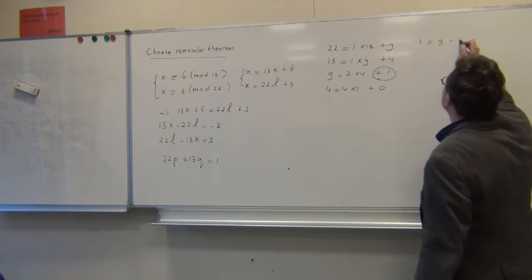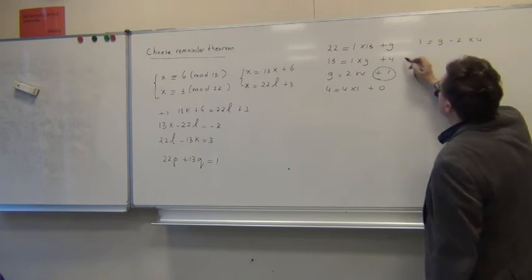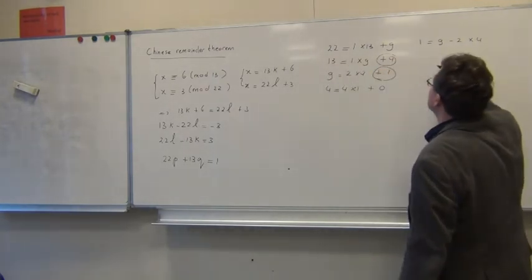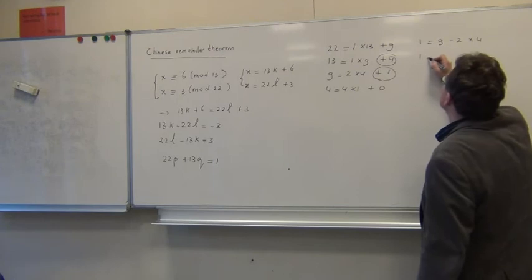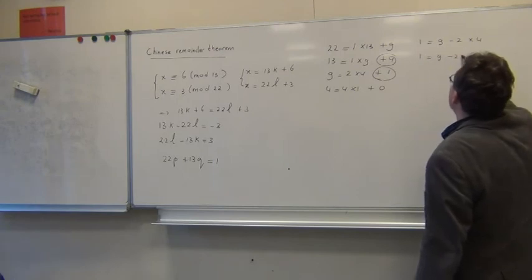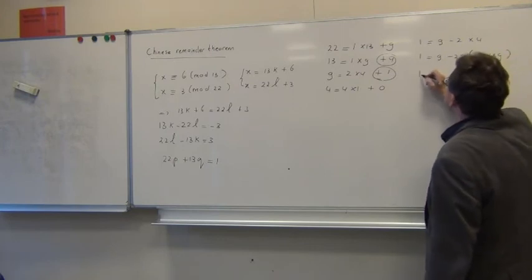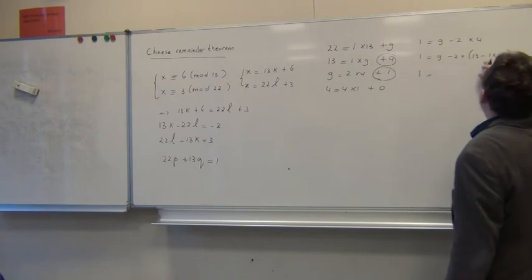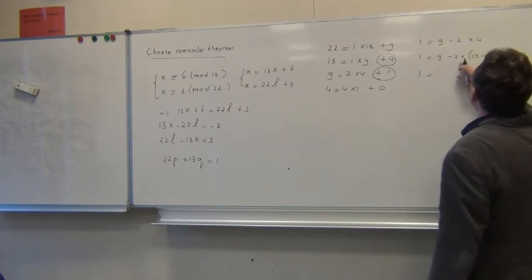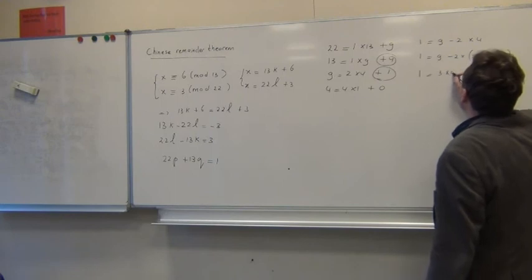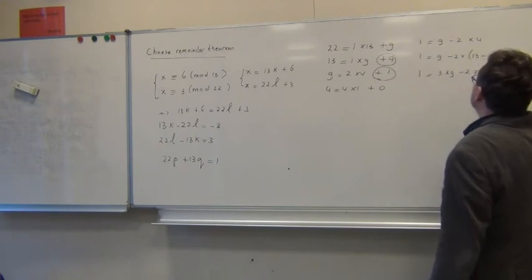9 minus 2 times 4. And then using this equation, the 4 can be replaced by 13 minus 9. So 1 is 9 minus 2 times (13 minus 1 times 9). In other words, this will be 9 plus 2 times 9, 3 times 9 minus 2 times 13.